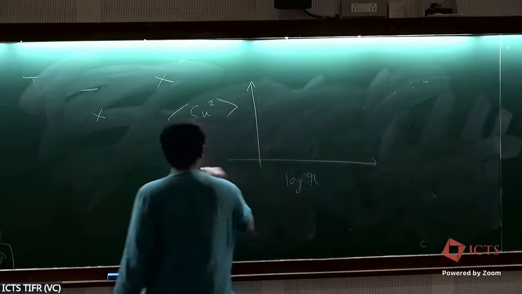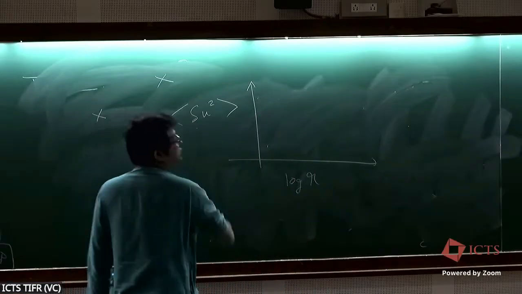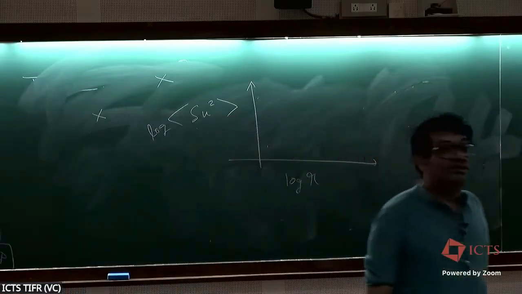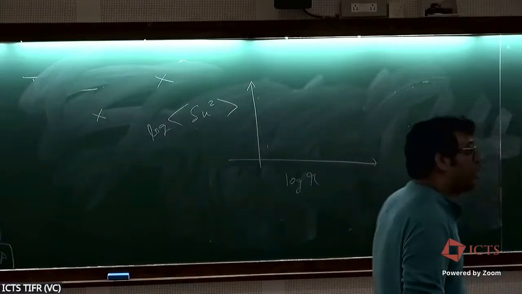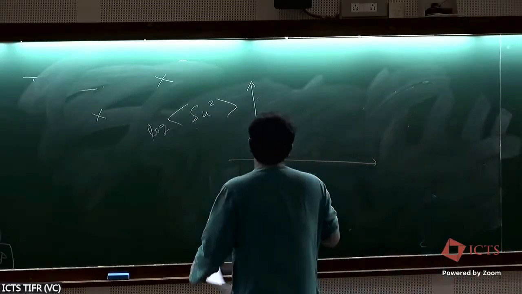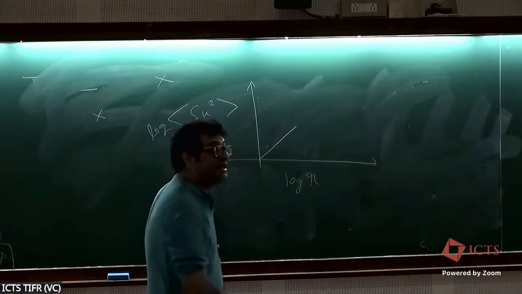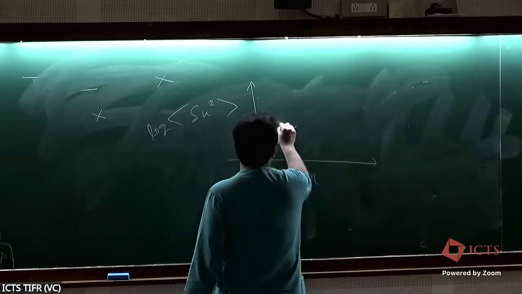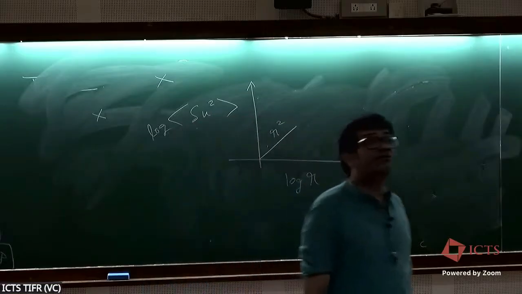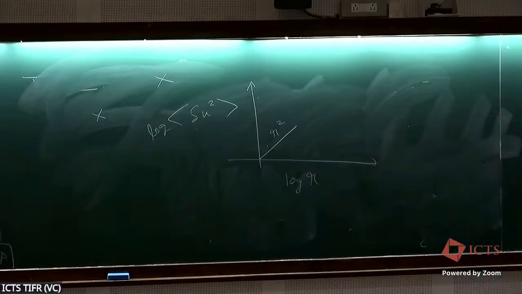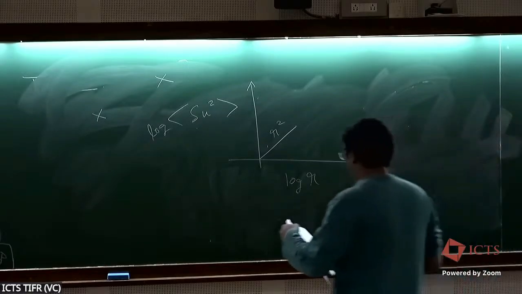For convenience, I'll take some logs because power laws show up as straight lines in log-log plots, as Akshit was explaining to you all. What we end up getting is an initial r-squared behavior, which really comes from Taylor expansion, assuming that the functions are analytic and can be expanded.